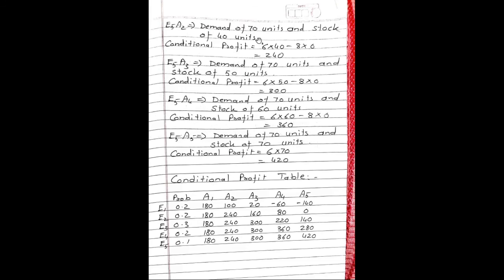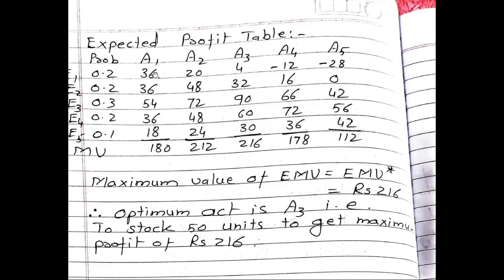So in the previous table, if you multiply every value with the respective probability, we are going to get the expected profit. So 0.2 into 180 becomes 36. So multiply every value with the respective probability and write it down in the expected profit table to get the values as 36, 36, 54.